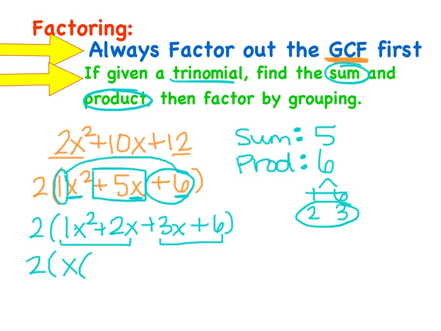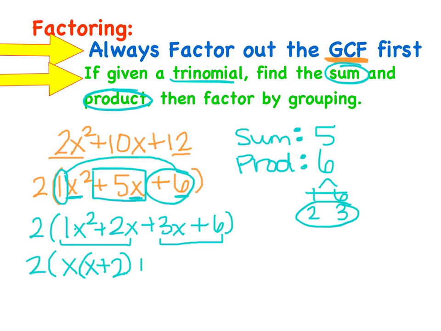I factor out an x from x squared, I'm left with x. I'm dividing out an x from 2x, and I'm left with 2. Notice that if I were to distribute, x times x equals x squared, x times 2 equals 2x. So I know I did that step correctly.